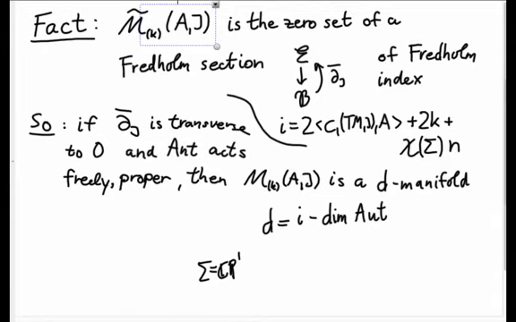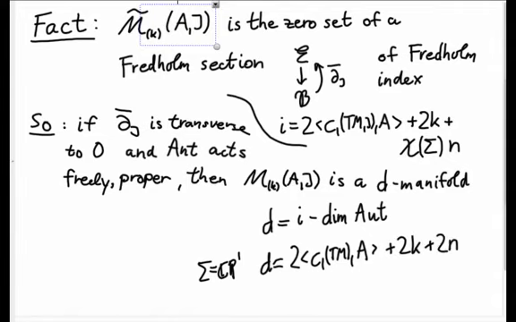So D is the Chern class plus the number of marked points plus 2n, and then minus 6 from the Möbius group.